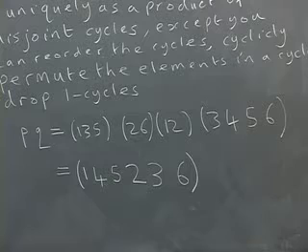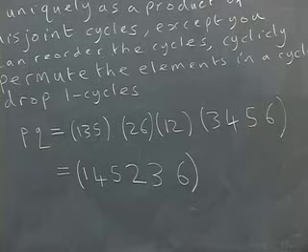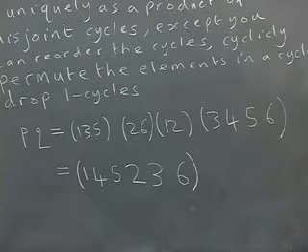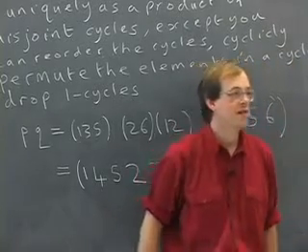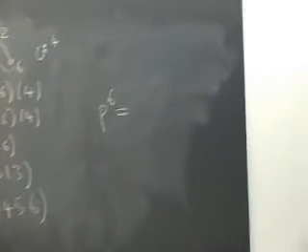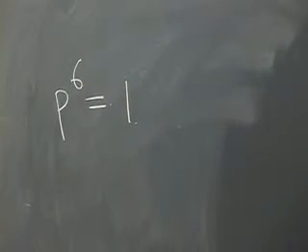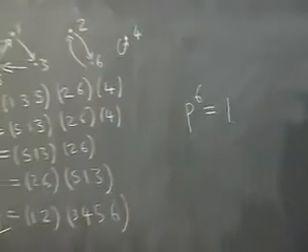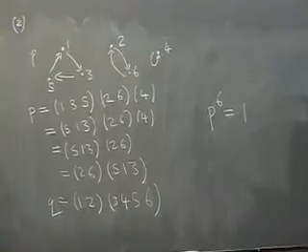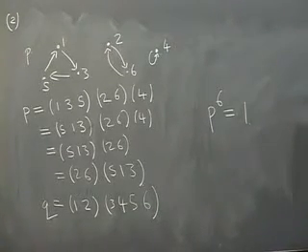What's p to the 6, by the way? It's the identity, right. How did you see that? There's an element of order 3, and an element of order 2, and an element of order 1. So if you raise it to the 6, then they all go to 1.